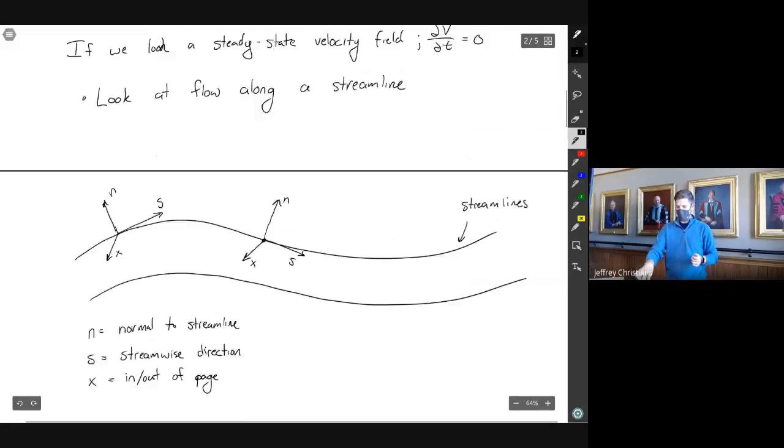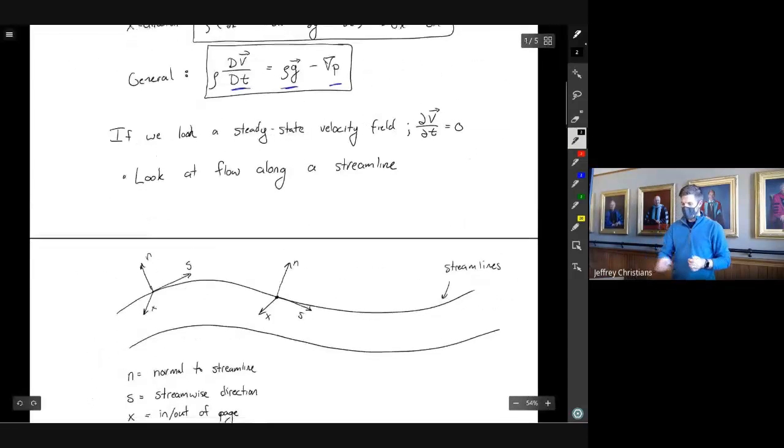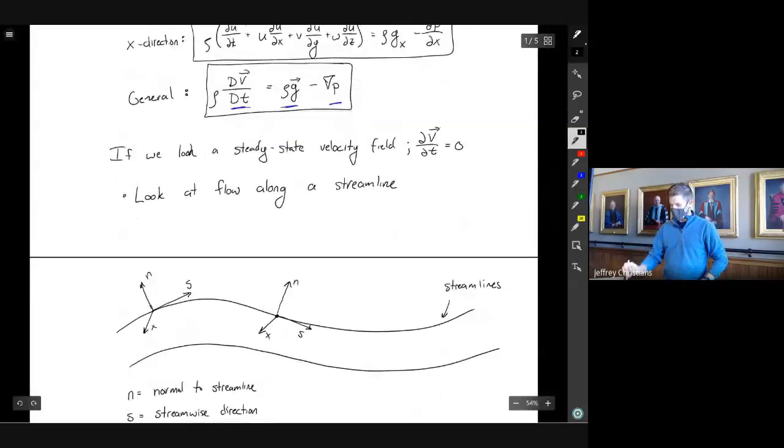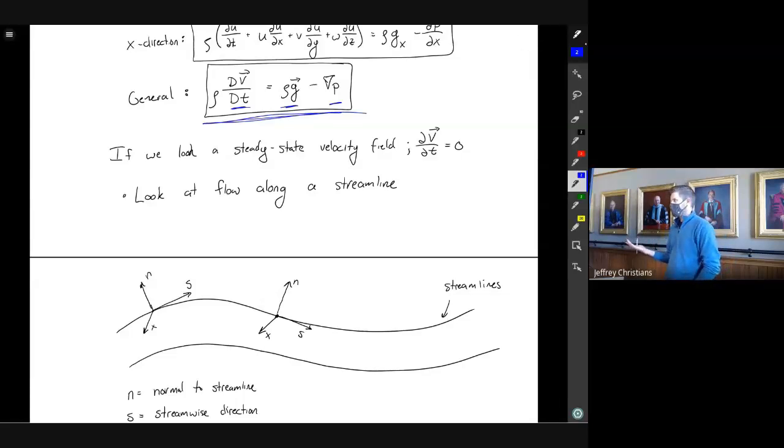At every point, one of the reasons why we wrote the Euler equation like this up here is that at every point that equation works. So the acceleration of the fluid particle is equal to rho g minus gradient p, and that works as our axes are moving. This equation still governs that.